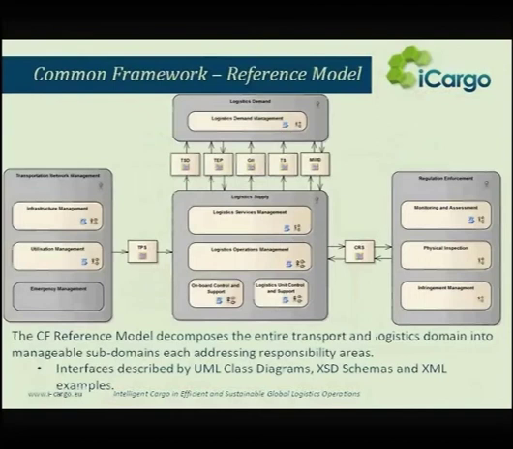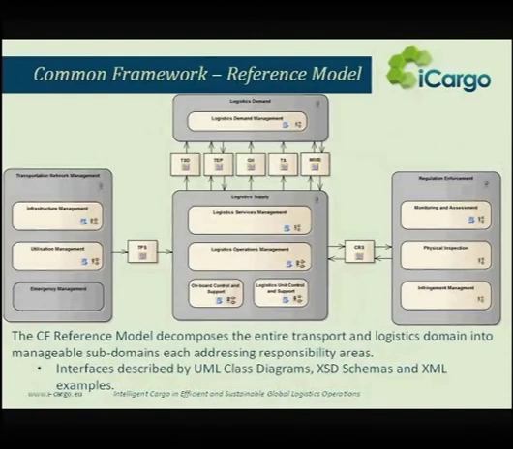And as Matthijs introduced the common framework, this reference model was developed because the transport and logistics sector is so extensive and complex that a division into manageable domains is a necessity. So the common framework for ICT in transport and logistics is a holistic architecture describing roles and responsibilities, business processes and information models relevant to the transport logistics sector.